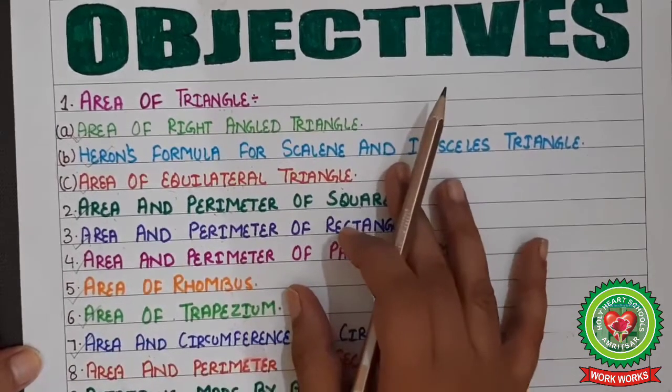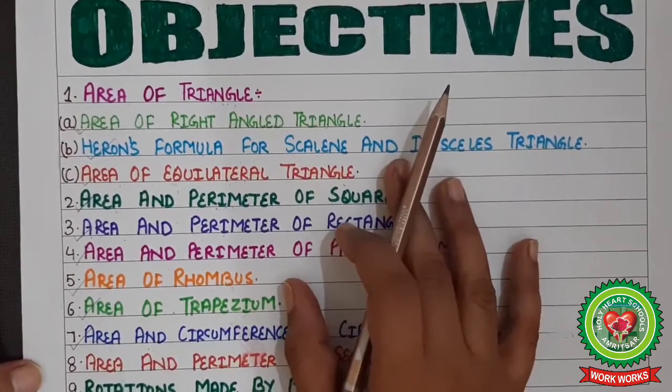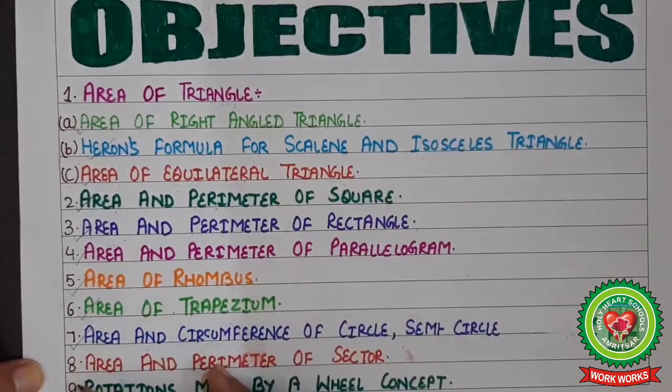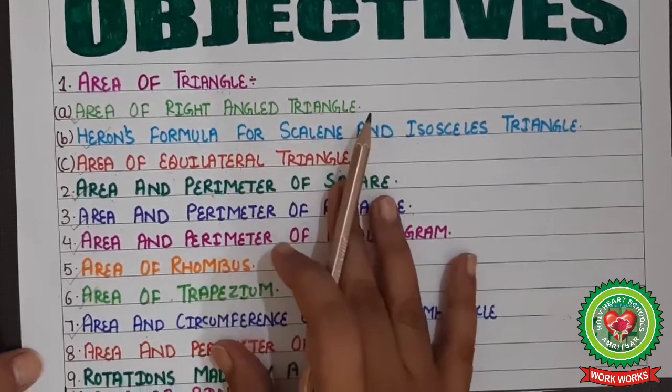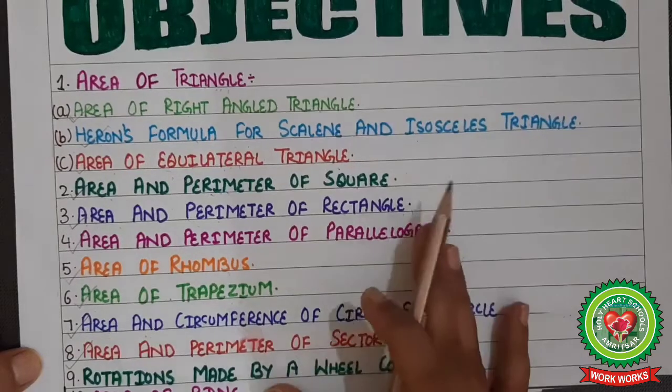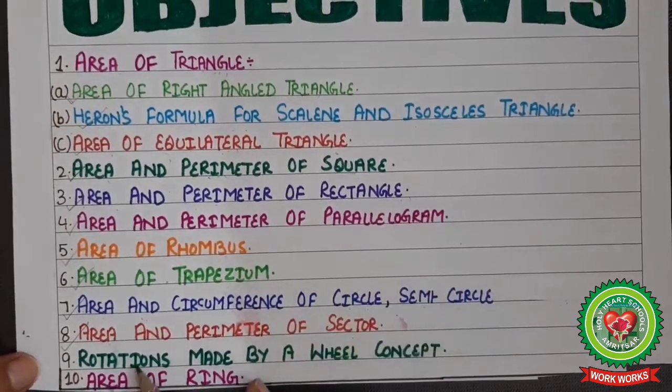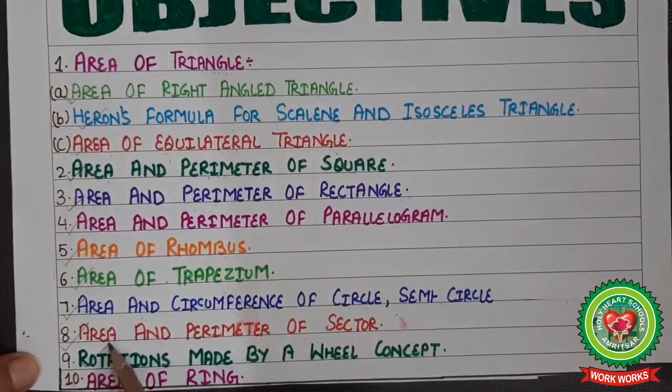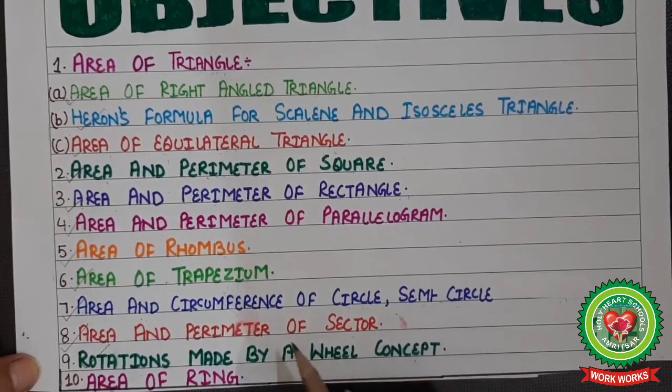Now today we will discuss the next objectives, that is objective number 8 and 9. Objective number 8 is area and perimeter of a sector, and objective number 9 is rotations made by a wheel concept. So today we will discuss these two concepts and sums related to these concepts.